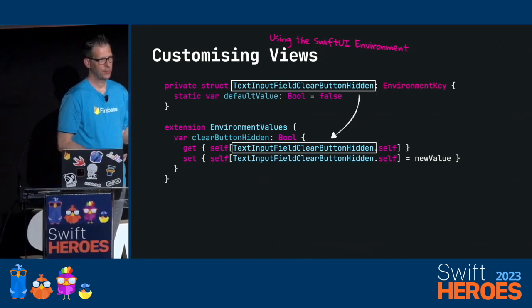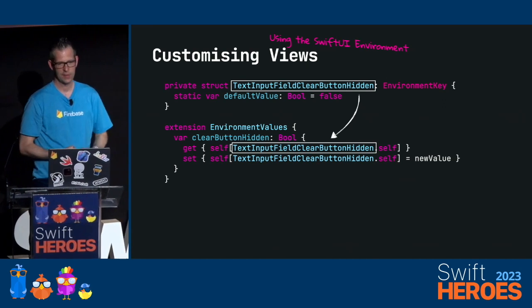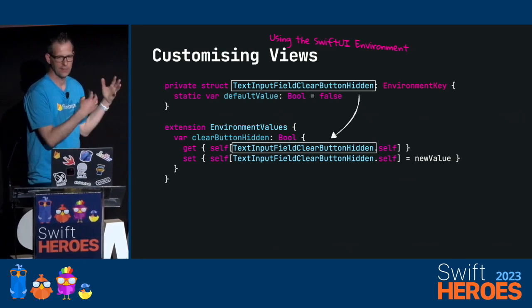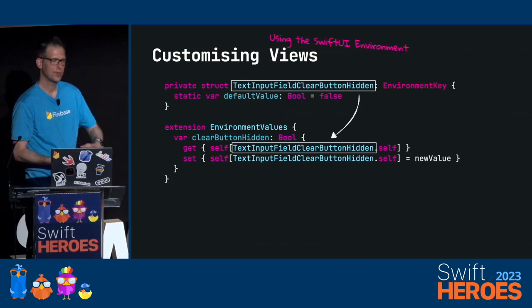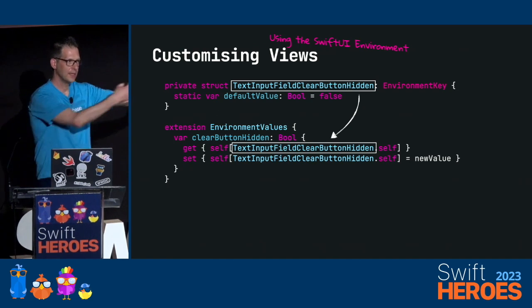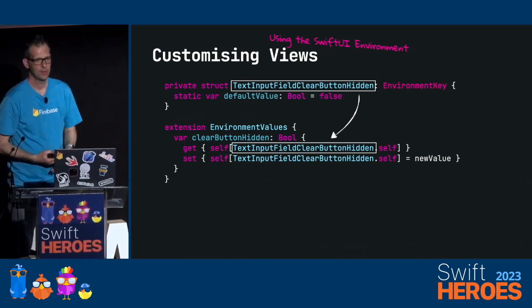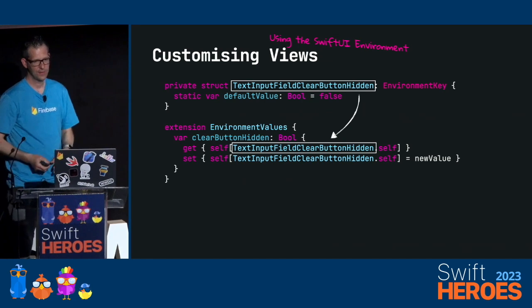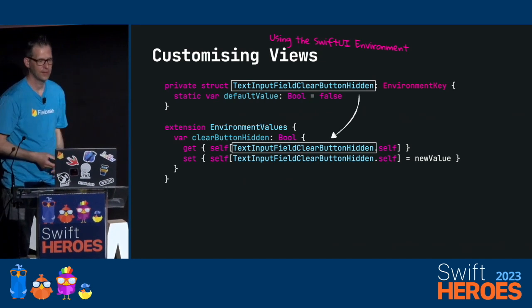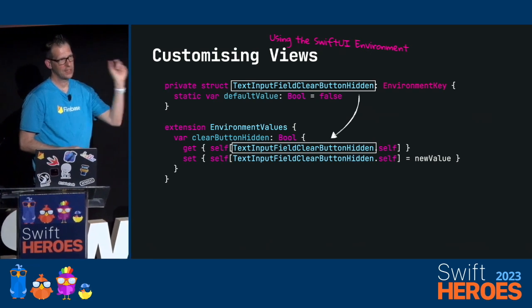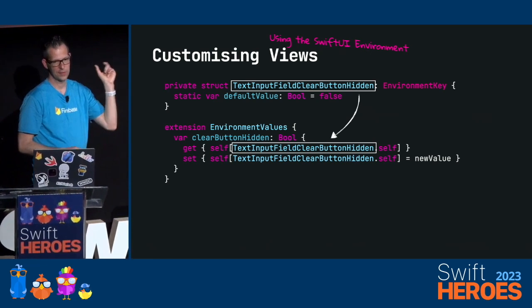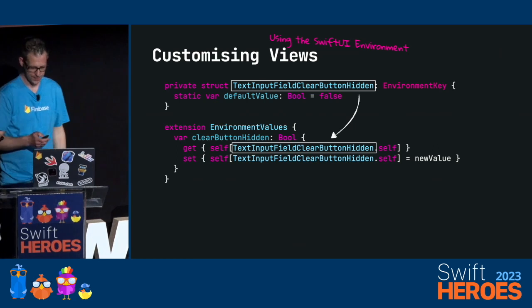If you want to use the SwiftUI environment, you'll have to create an environment key and an extension on environment values. The environment key is used to basically read and write into the environment. And we will also use it to define a default value. Down there in the environment keys, you can see that whenever I use this computed property, it will either read from the environment or write into it.